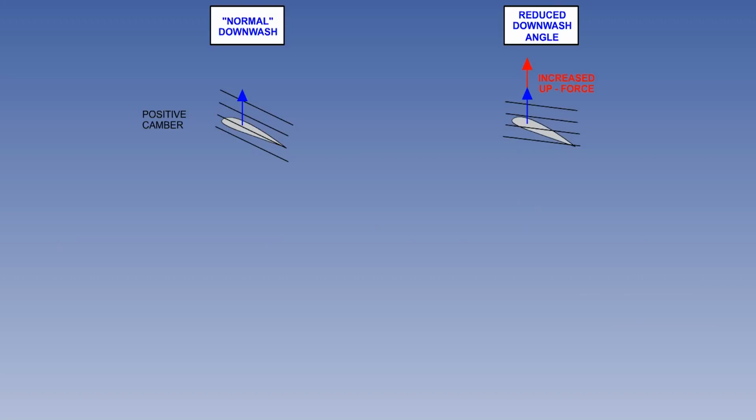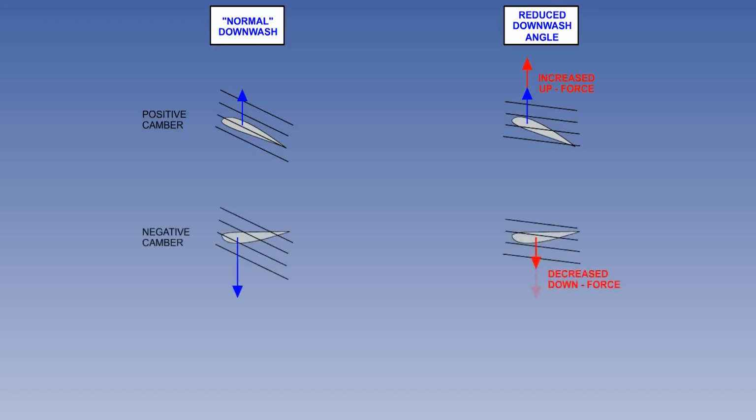Assuming a tailplane is affected by changes in downwash, it is interesting to consider how the camber of the tailplane will affect the result on its pitching moment. Looking first at a positively cambered tailplane, ground effect creates an increased upforce. In other words, a nose-down moment.